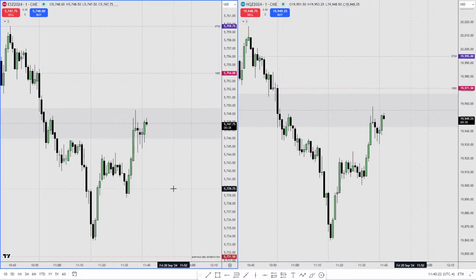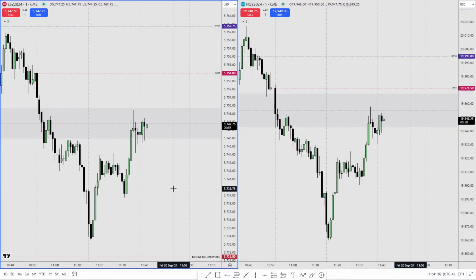It is looking like NQ is going to wick through the high. Okay, they're both attacking the high.